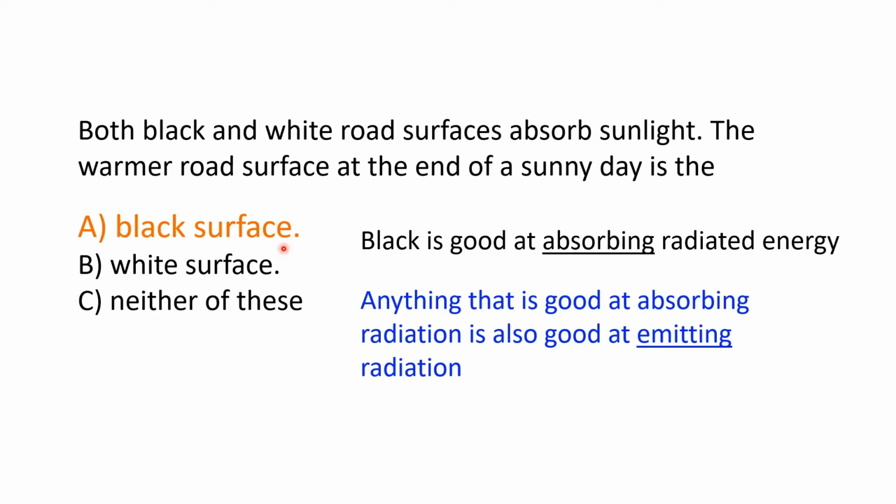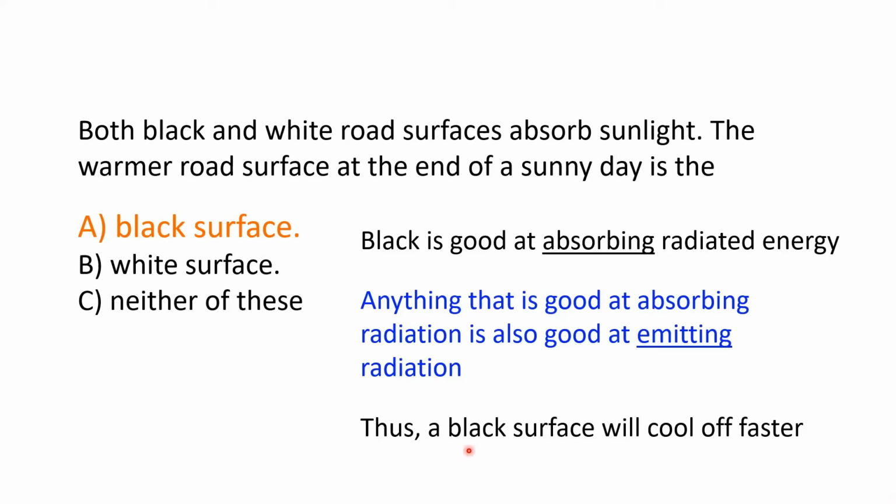But at night, because it's such a good radiator of energy, it's going to get rid of its energy faster than any other color. So even if it had more energy to start with, the rate at which it releases that energy through emitted radiation is higher, so it actually cools down faster. So what that means then is a black surface will always cool off faster compared to a white surface.